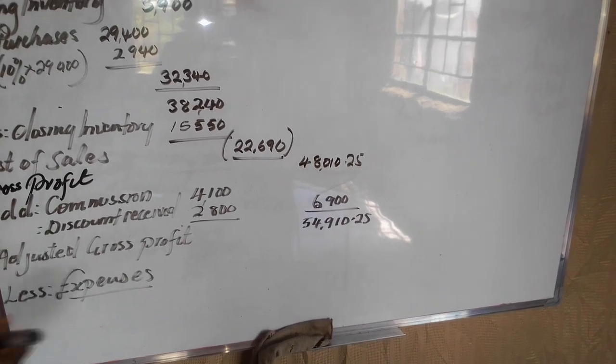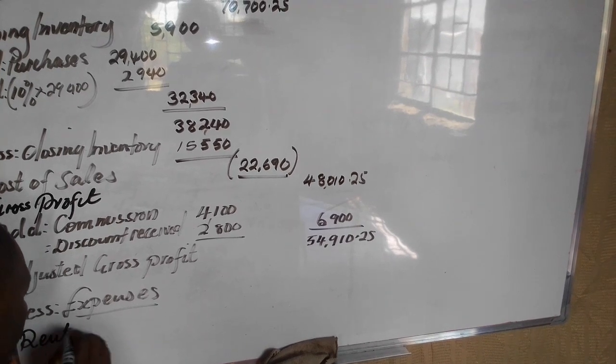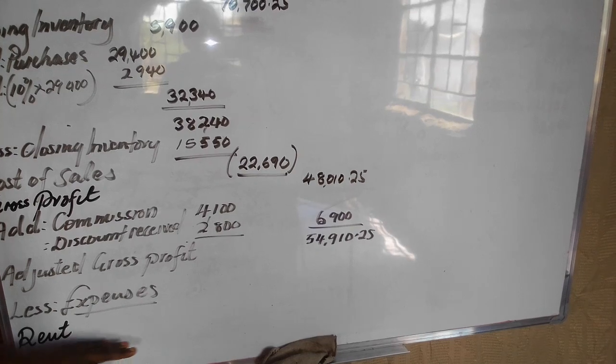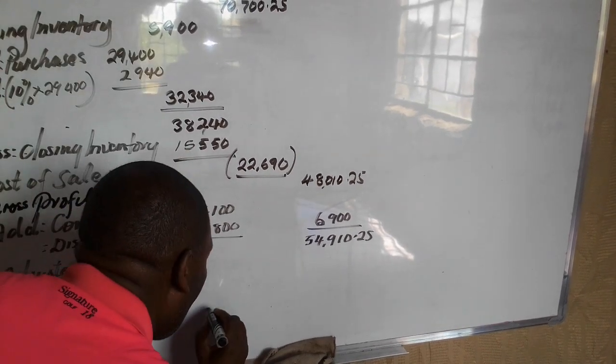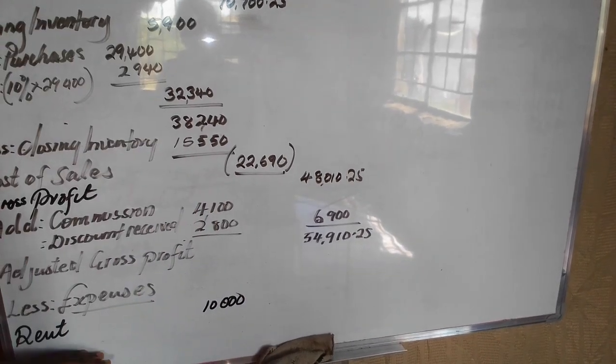I'll start with rent. This rent has an adjustment. The rental bill is 10,000 kwacha.